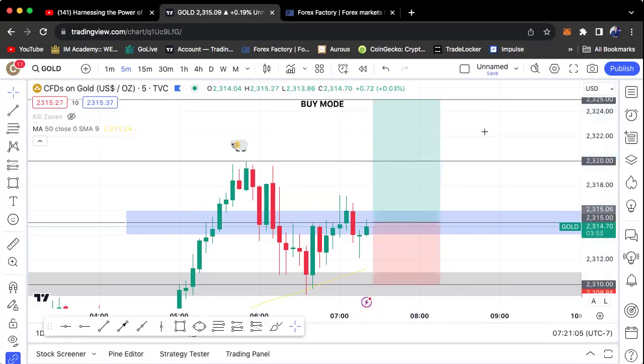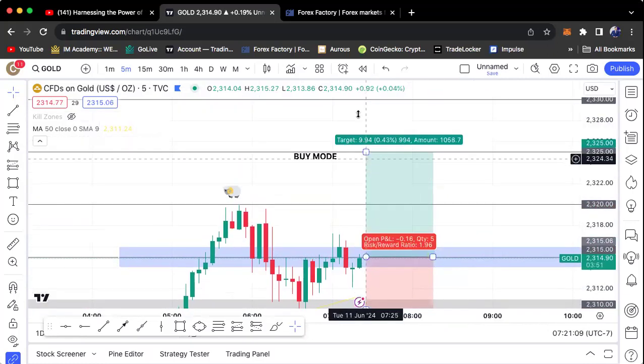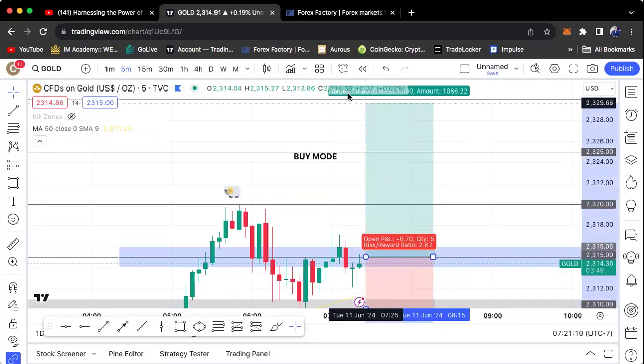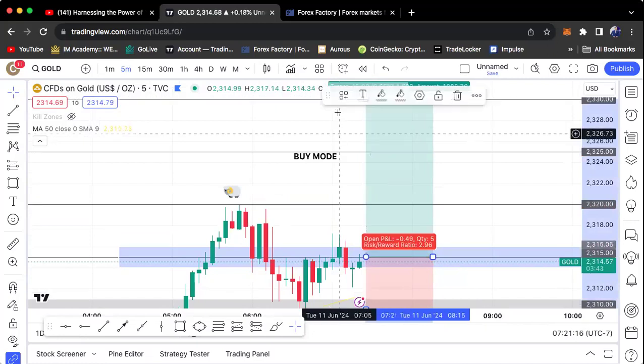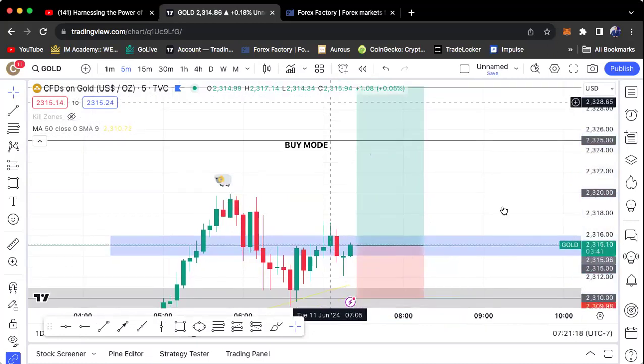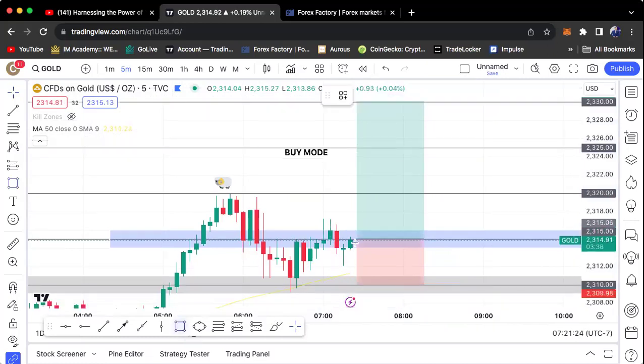That's a 1, 2, 2. 1, 2, 3. For a buy, I'm waiting for the next candle to form to really confirm this buy here.